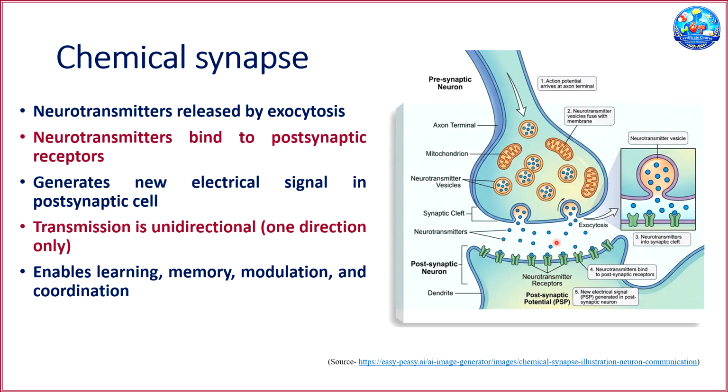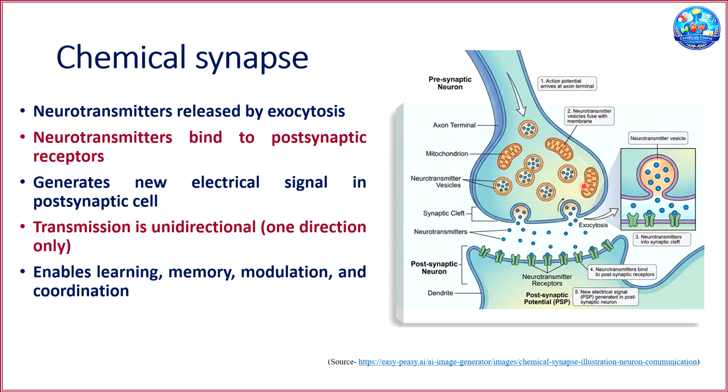The released neurotransmitters bind to the receptors which are present on the postsynaptic membrane. These neurotransmitter receptors receive the signals and then generate new electrical signals or response in the postsynaptic cell.